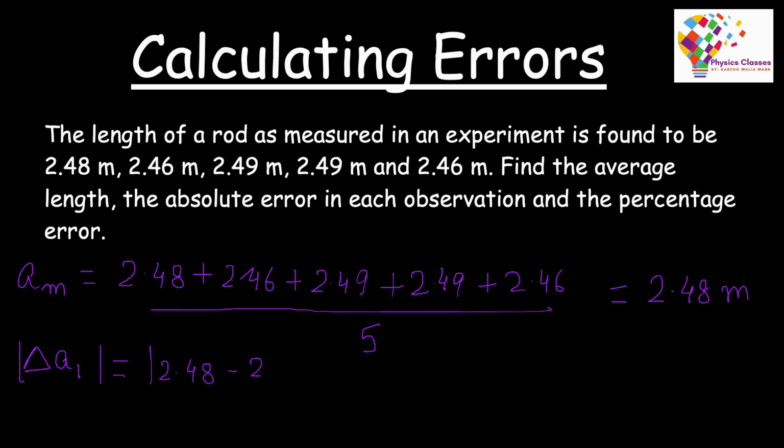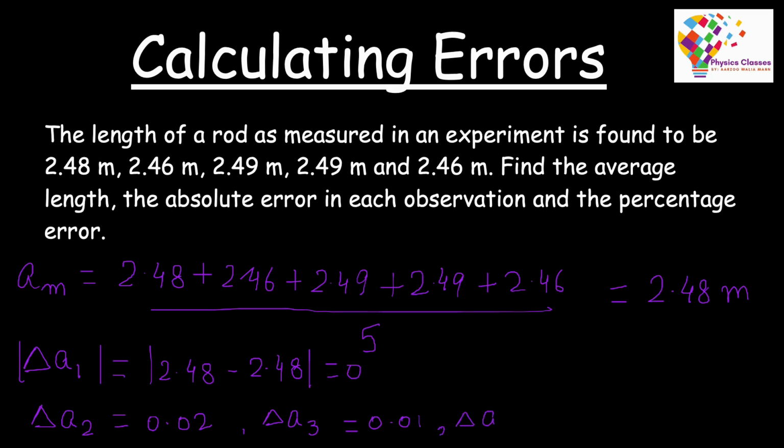Similarly, the absolute error in A2 is 2.46 minus 2.48, which gives an absolute error of 0.02. Similarly, the absolute error in A3 is 0.01, the absolute error in A4 is also 0.01, and the absolute error in A5 is 0.02. Now I can take the mean of all these absolute errors, which simply comes out to be 0.01.